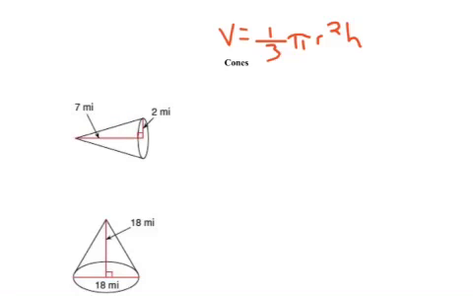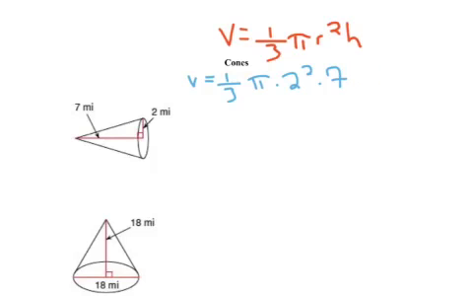So for the first one, I would have V equals 1/3 times pi times 2 squared times 7. Now, you can really just multiply this whole thing in your calculator. Plug this whole value in your calculator as you see it.